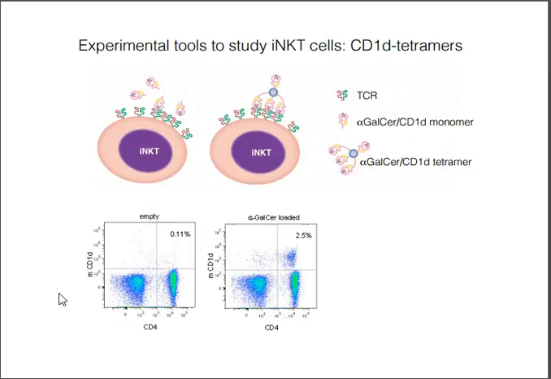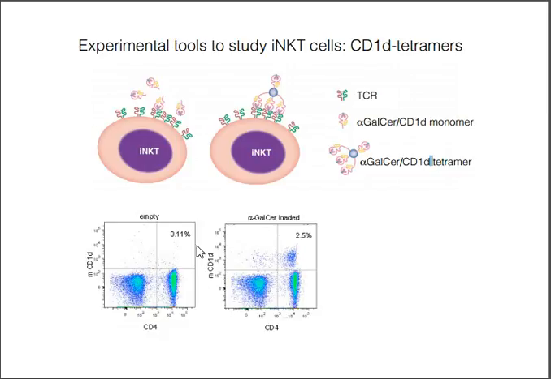If we have a pool of cells in the spleen and do flow cytometry, this will bind only to the T cell receptors on the iNKT cells. So this allows us to identify iNKT cells, because iNKT cells are the only ones that can recognise alpha-GalCer on CD1D.